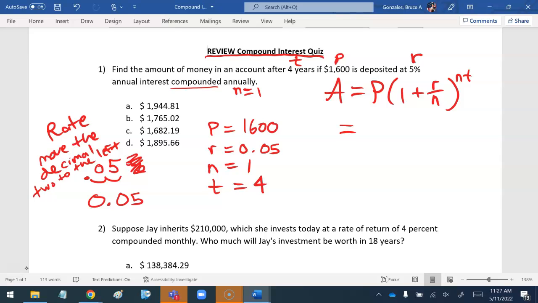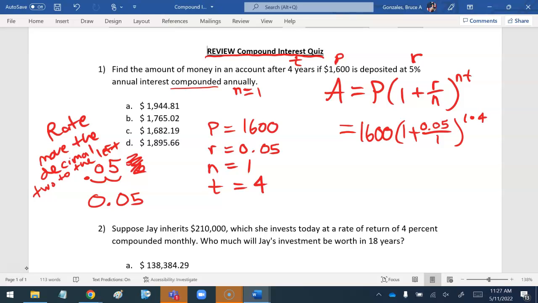So let's rewrite it. We're going to have 1600, 1 plus 0.05 over N, which is 1, to the power of 1 times T, which is 4.